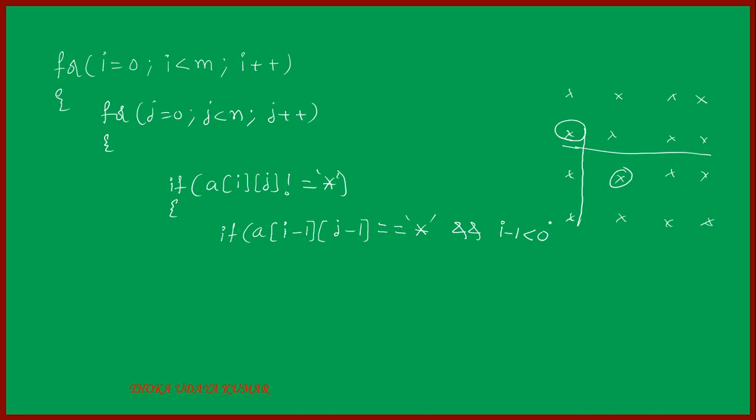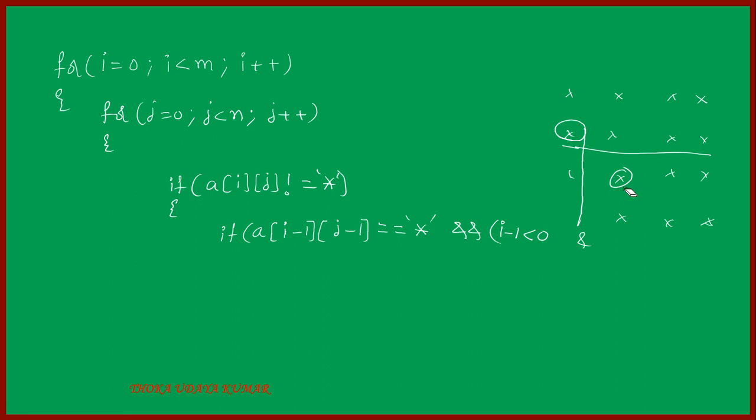So i minus 1 is greater than or equal to 0, and j minus 1 is greater than or equal to 0, not less than 0.